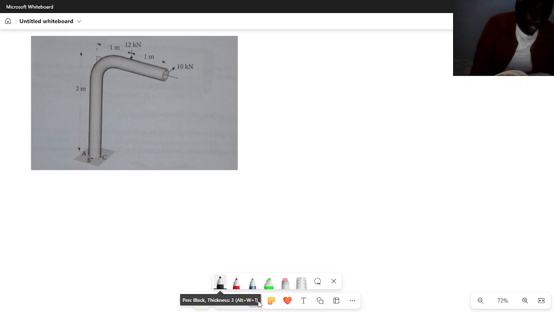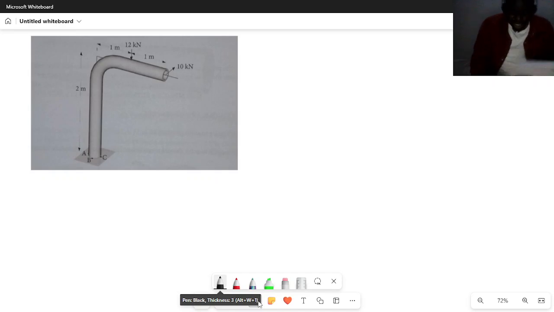Calculate the principal stress, maximum shear stress, and the orientation at point A, B, and C. And then they said the outside and inside diameter of the pipe are 150 and then 110 respectively.